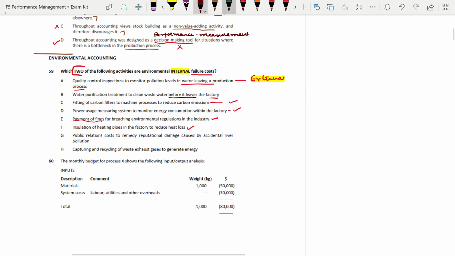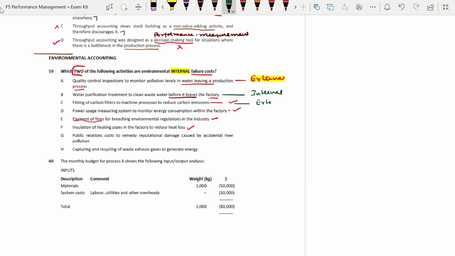Before it leaves the factory means this is internal. Fitting of carbon filters, see, it is affecting the environment.